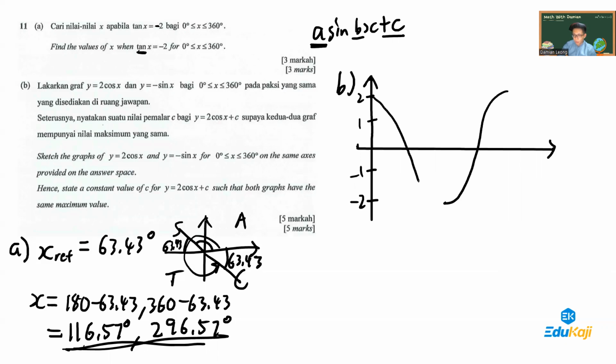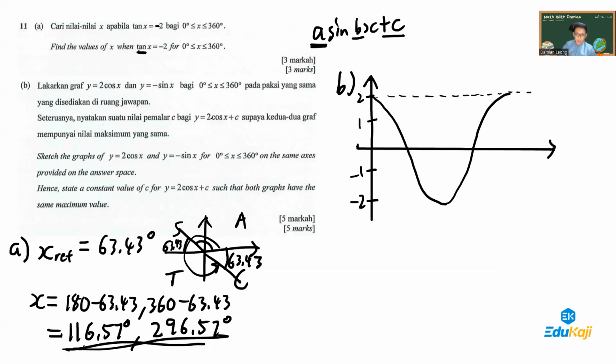Yeah, go back up to 2. So it's something like this. It's just a sketch. You don't need to be perfect. Yeah, just more or less the shape has to be correct.